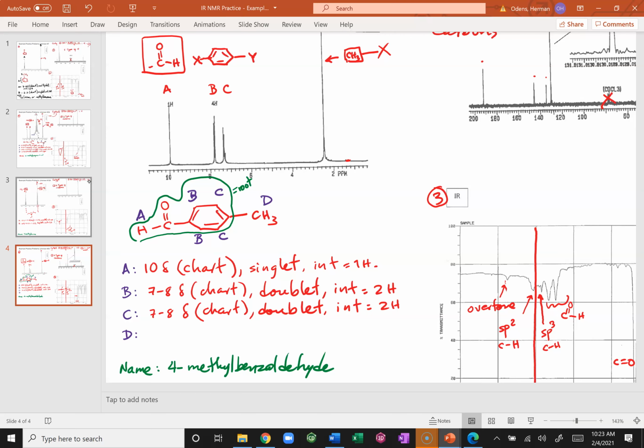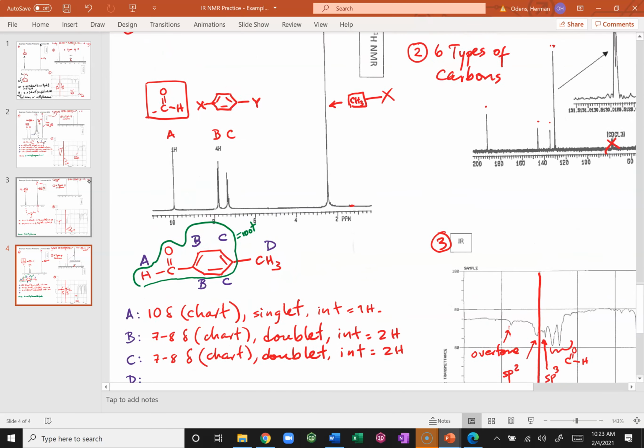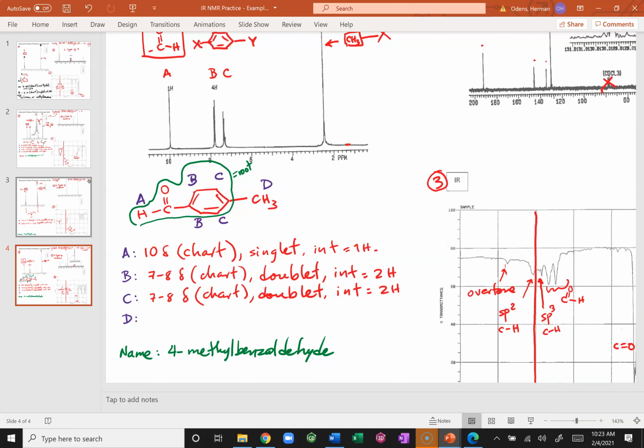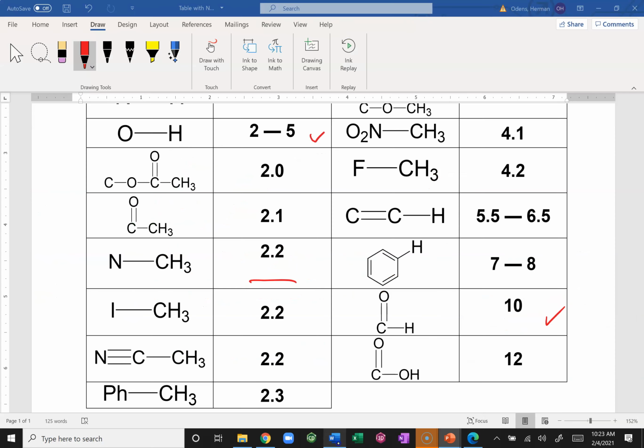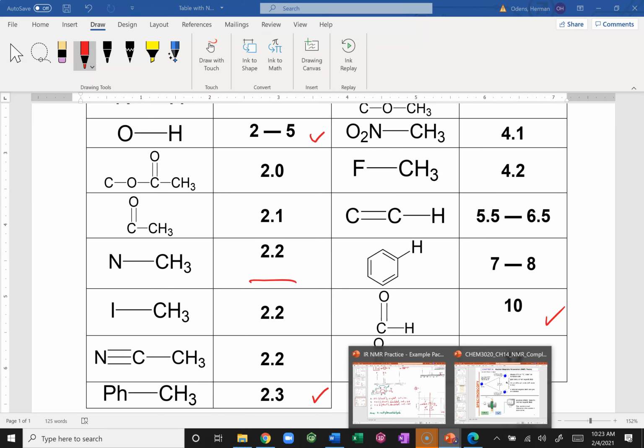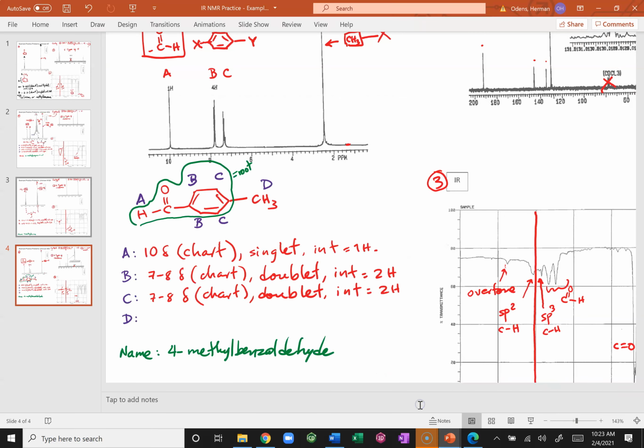And then D is a CH3, where that signal starts at 2.3. That's exactly what we see right here. That's about 2.2. Close, but yes, 2.3 ppm on the chart.